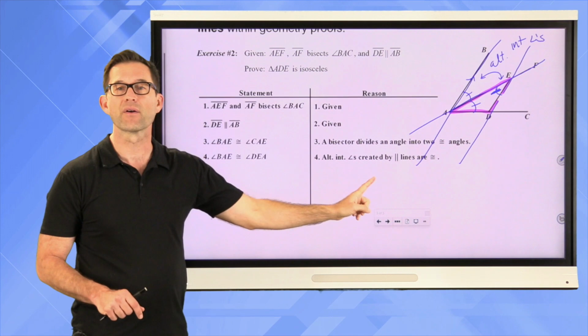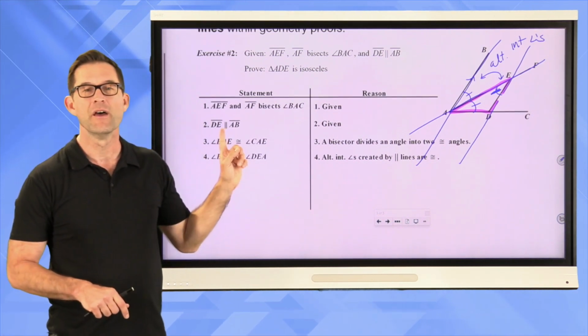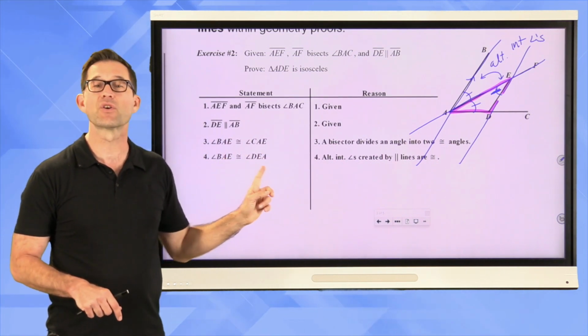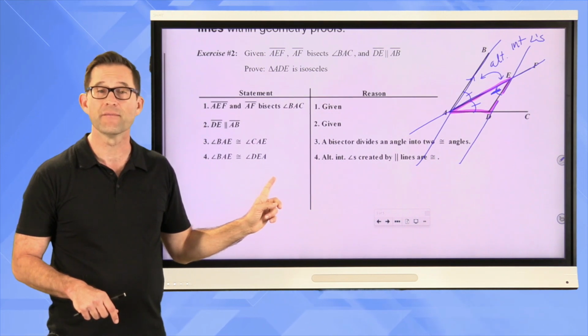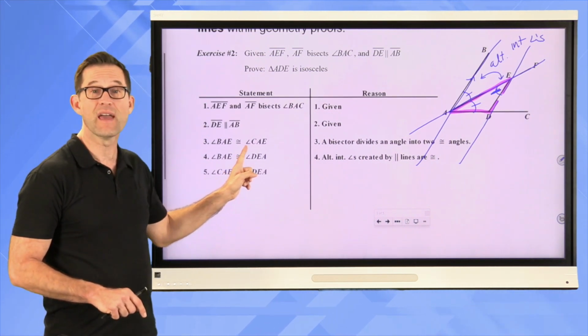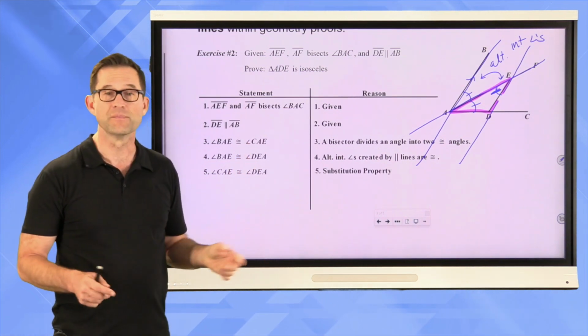Alternate interior angles created by parallel lines are congruent. Now again, notice, BAE is congruent to CAE, and BAE is congruent to DEA. That means now that I can say that angle CAE is congruent to angle DEA by the substitution property.